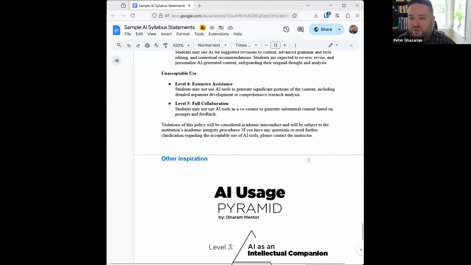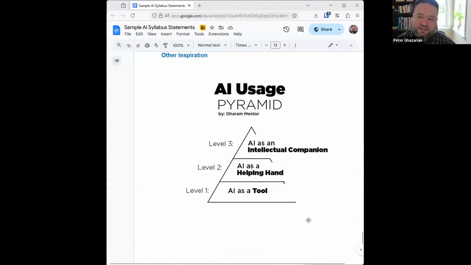And there are more and more tools coming out that try to map these levels of use. For example, Dara Mentor has this AI use pyramid, which I found helpful in thinking about what I'm okay with and what I'm not okay with. But even here, I find that the extent to which AI is an intellectual companion can be very different.